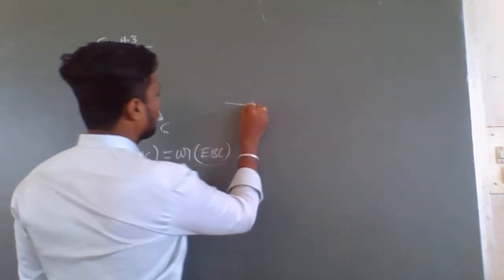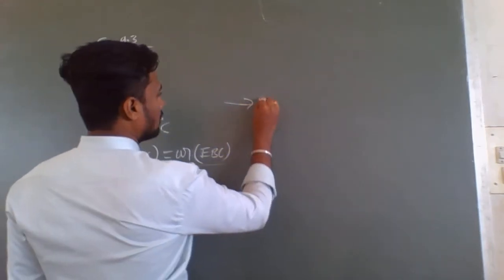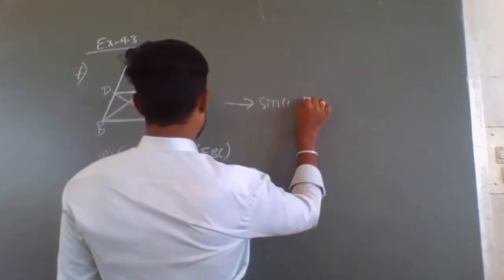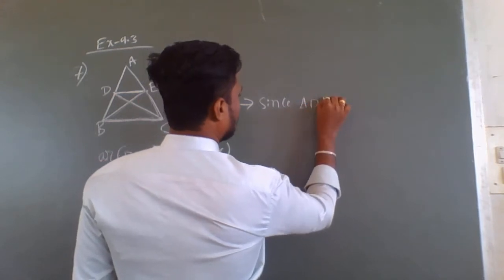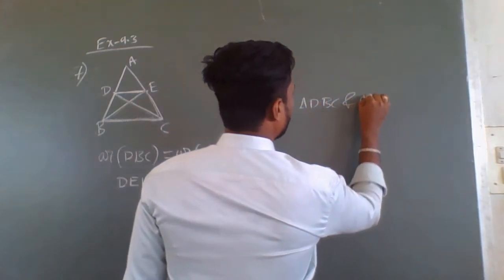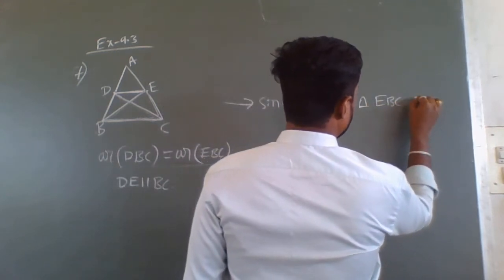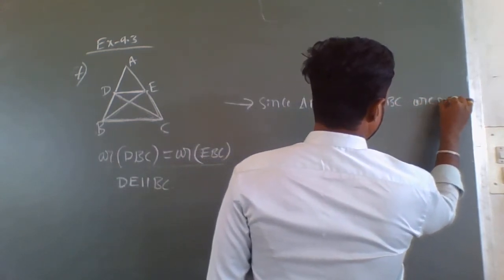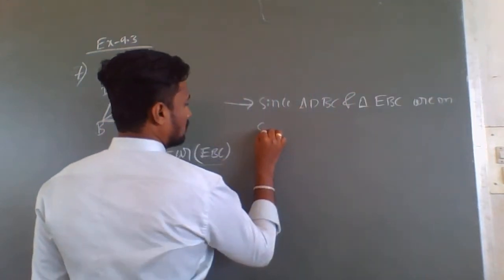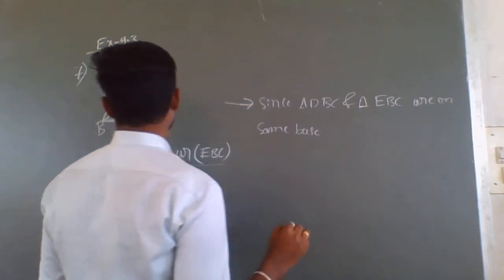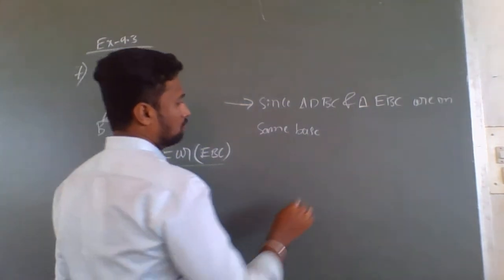So here I will write, triangle DBC and triangle EBC are on same base BC.